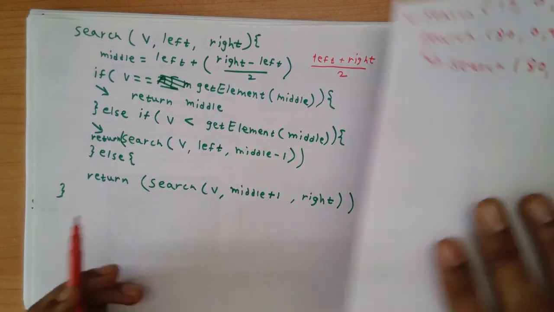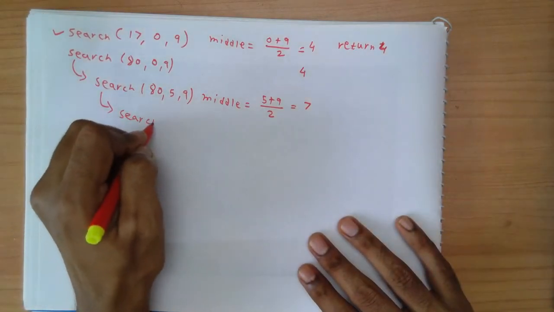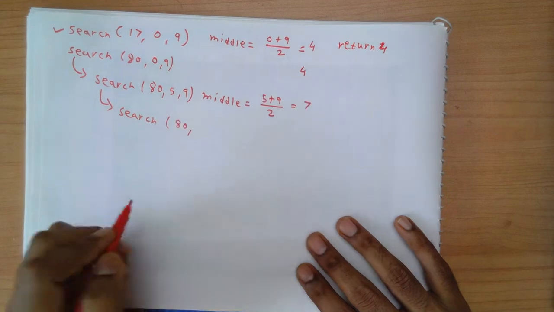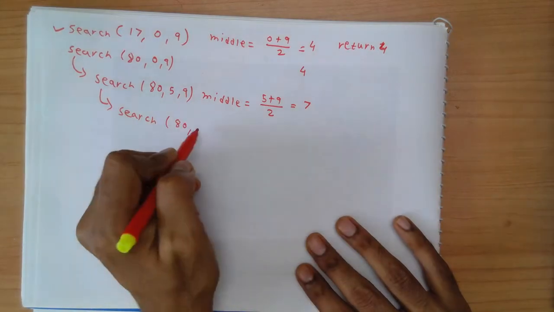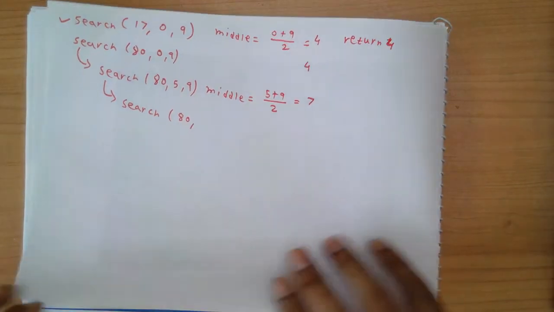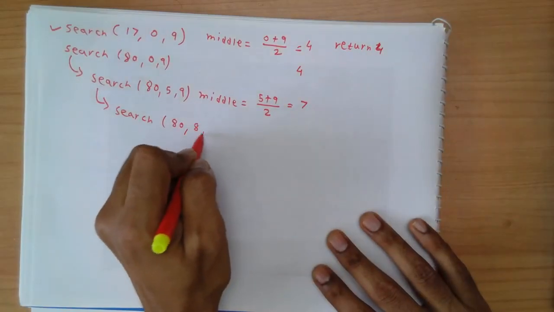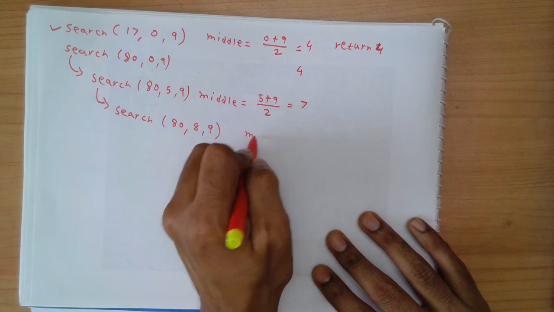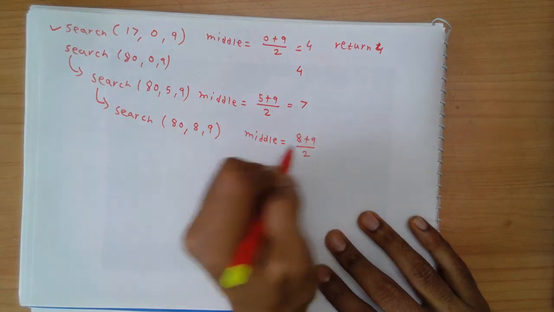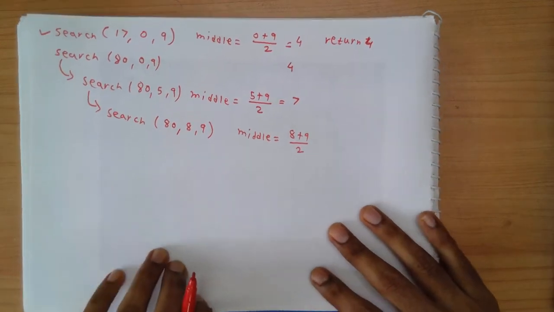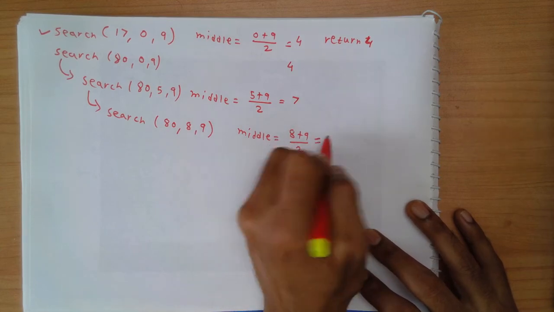So again this case will happen. Now this search will call search 80 from where? My middle was 7, right? So I'll search middle plus 1 to right, that's the way we have written it. So I have to search from 8 up to 9, and now my middle is going to be 8 plus 9 divided by 2, which is 8 again.